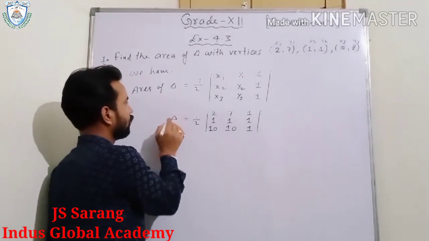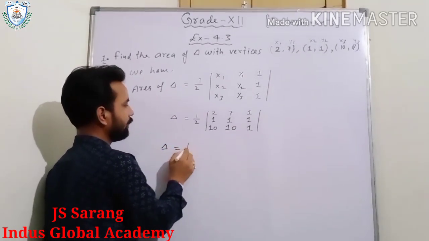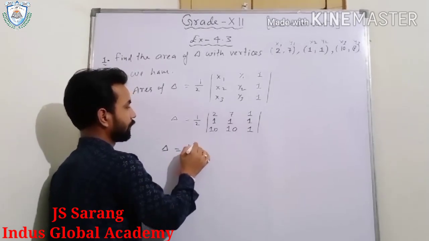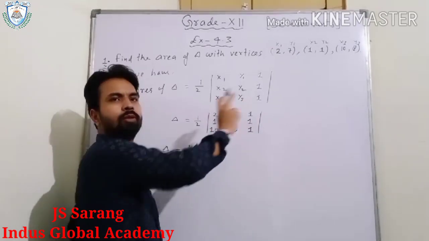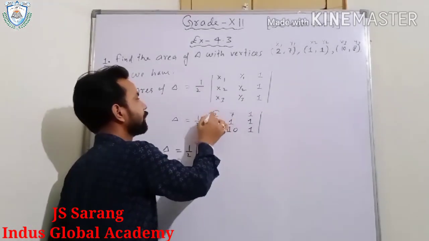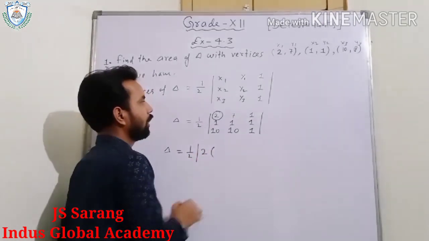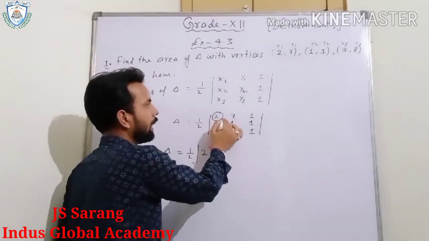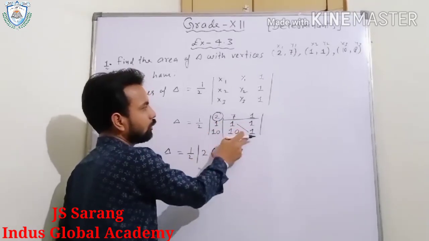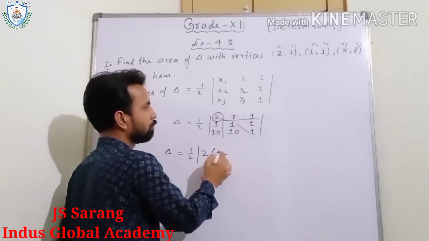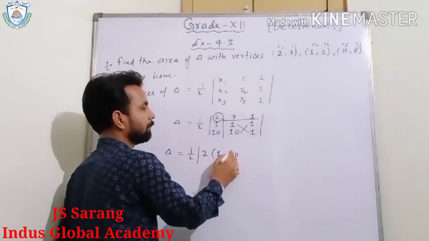Okay, now we will expand this determinant. So delta equals 1 by 2, and we will expand along the first row. The first element of this row is 2. Now we hide its row and column and multiply the remaining: 1 into 1 is 1, minus 10 ones are 10.